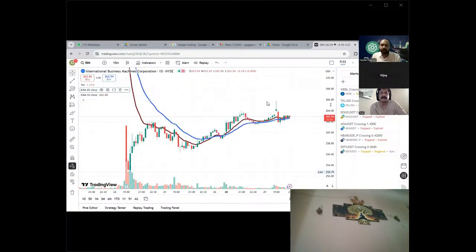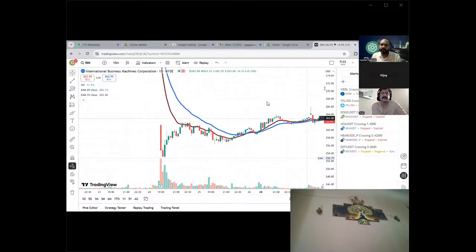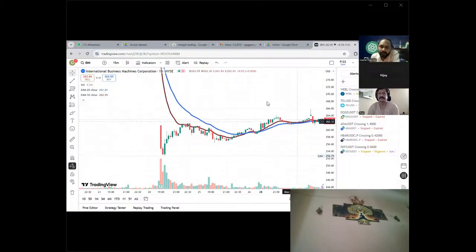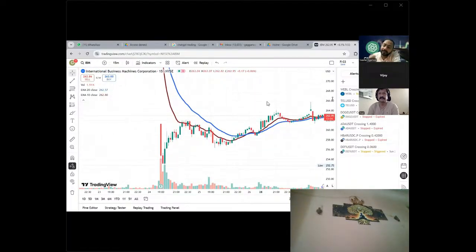Now we have 2 lines. This is 20 EMA and that is 10 EMA. So now what we can do is that whenever there is a crossover, at that time we can take the trade. Red crossover or blue crossover, both of them we can take.